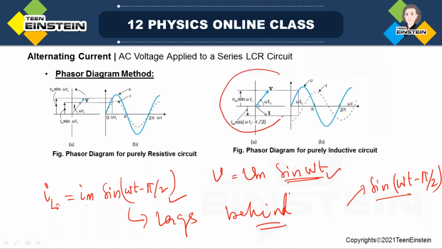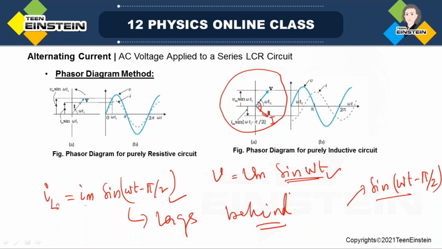So look at this phasor diagram here. The current is drawn over here, this one is the current, and this is the voltage. What is the phase angle between them? This is the phase angle, 90 degrees between current and voltage. So a 90 degree phase difference is there, and the current is lagging behind.